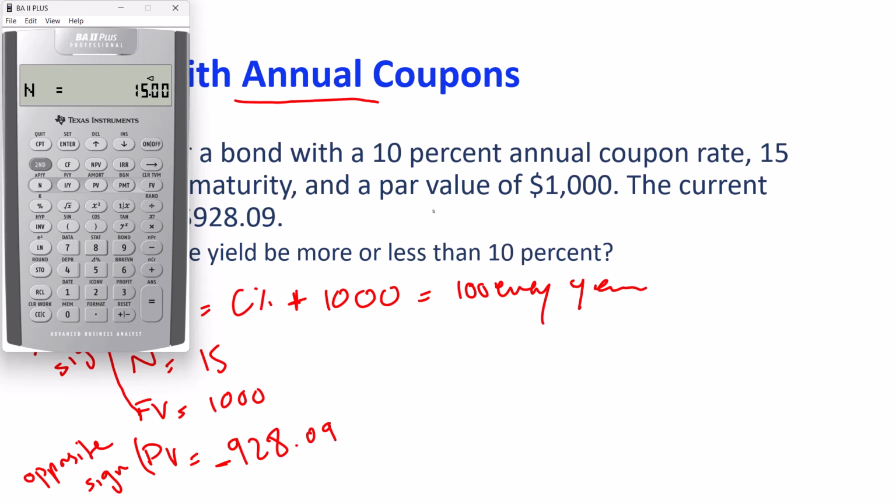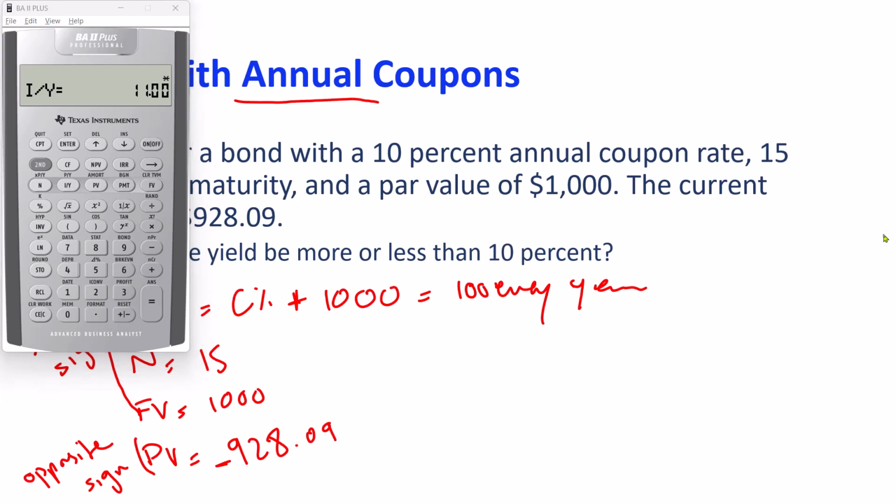And for discount bonds, the yield to maturity is always greater than the coupon rate, greater than 10% here. So we are going to find a yield that is higher than this 10% coupon rate. And as you can see, we have 11%.